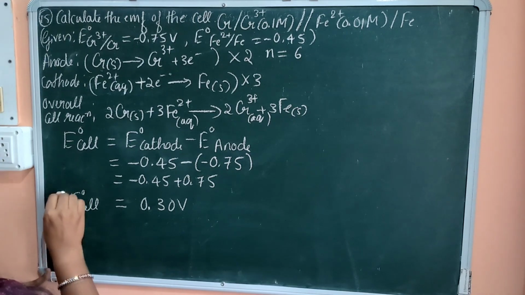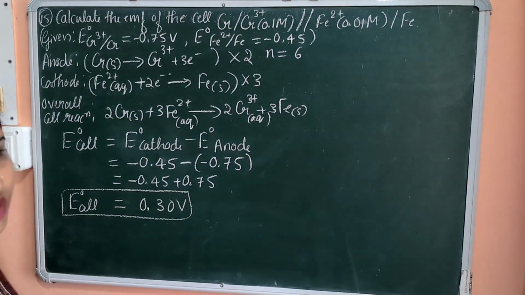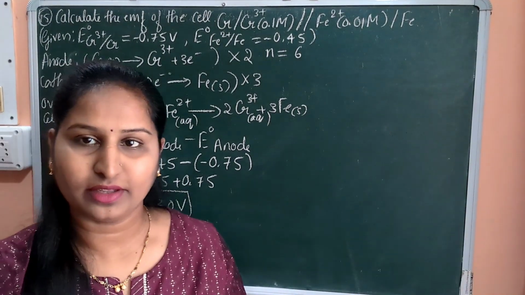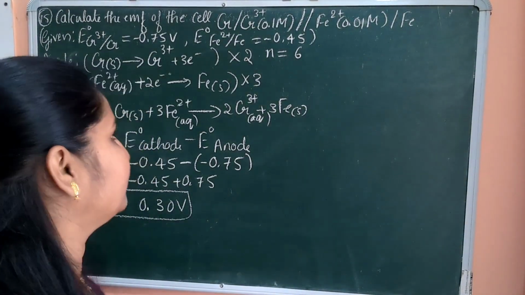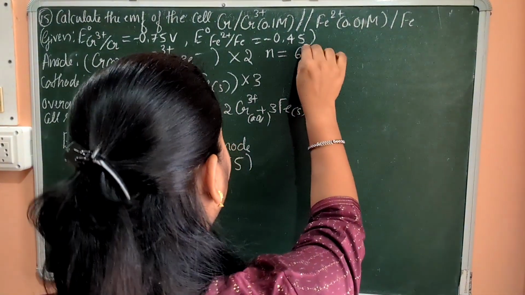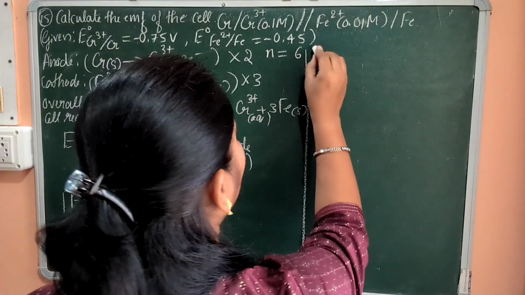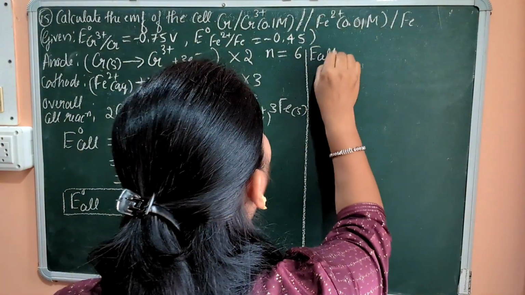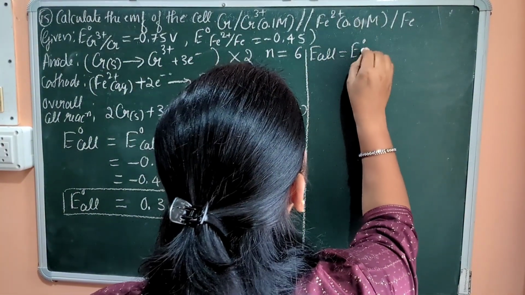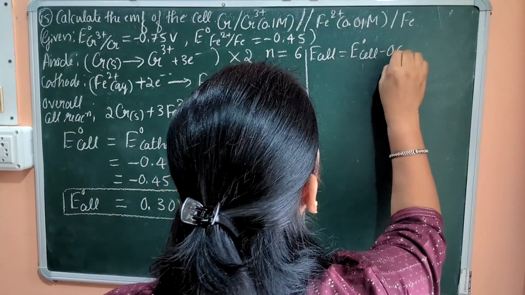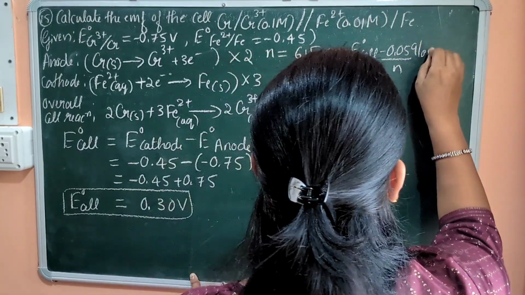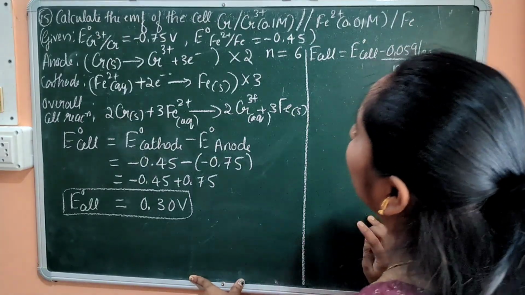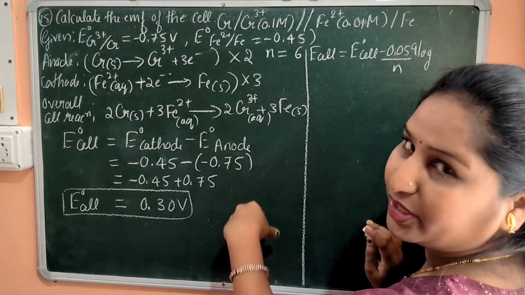So now we have got the value for E naught cell. Now we have to calculate the EMF of the cell by using the Nernst equation. So let me write that one here. E cell is equal to E naught cell minus 0.059 upon n log of the concentration of oxidized by reduced here.